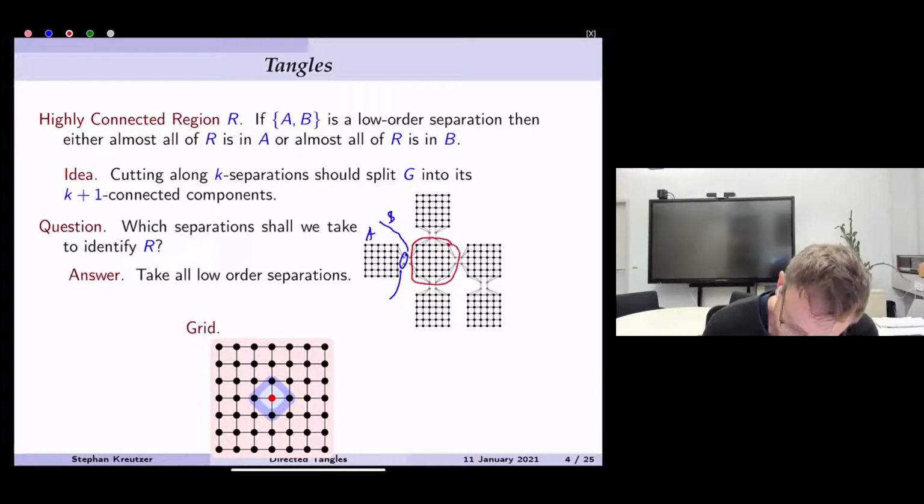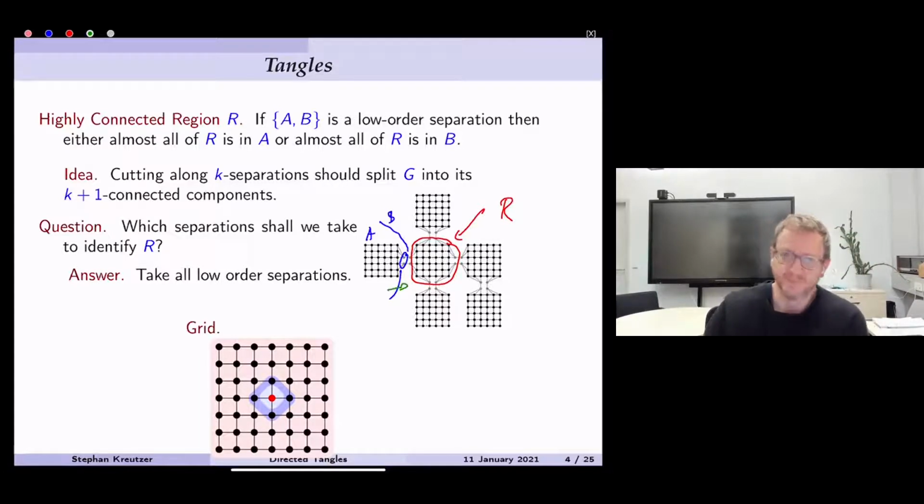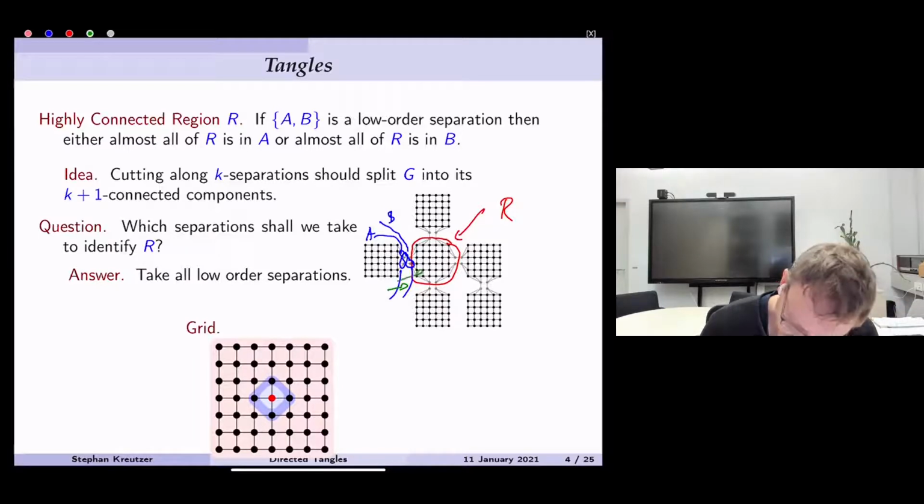Let's say this is the piece we want, let's call it R for now. Then the separation would say, well, it's here. Then we could ask the next separation, let's say this one here, and it would also say the region R sits on this side, and so on and so forth.